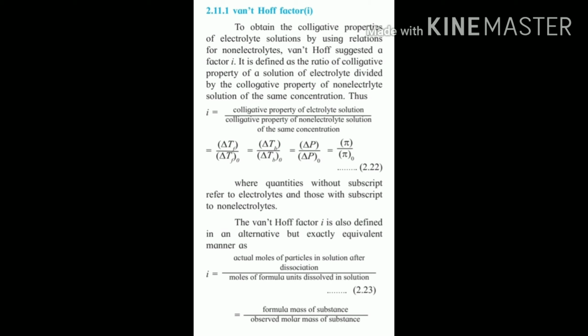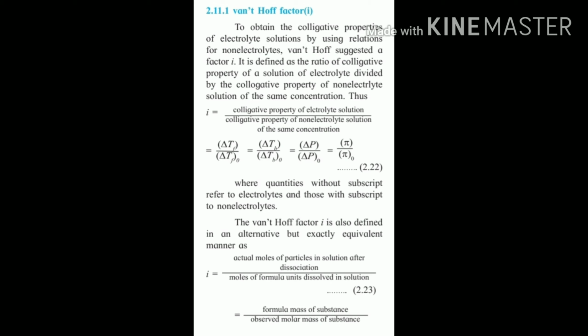Okay, now apart from this, an alternative of how you can define Van't Hoff factor is, so there is one more definition that you can write, that is actual moles of particles in solution after dissociation upon moles of formula units dissolved in solution. Now moles of formula units means, for example, if you are taking NaCl, then Na has an atomic mass, Cl has a different atomic mass, so you are going to calculate that, that is the formula units.